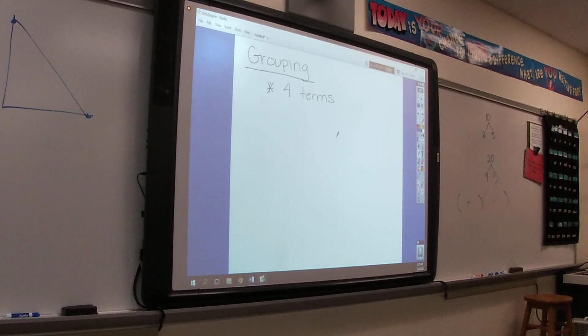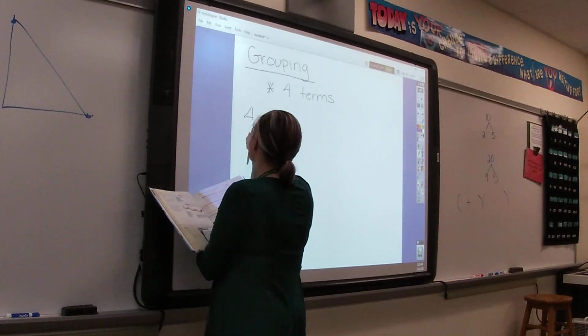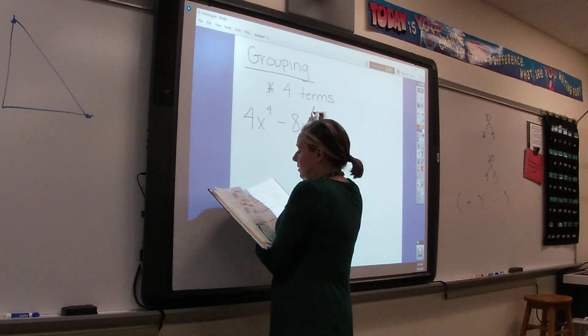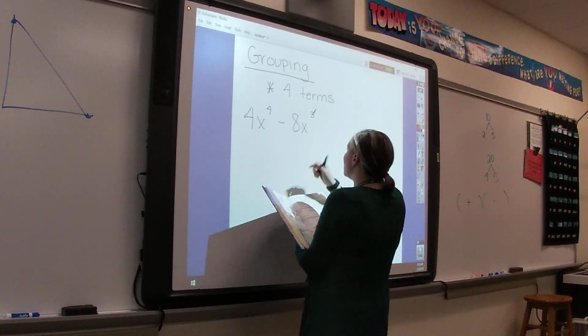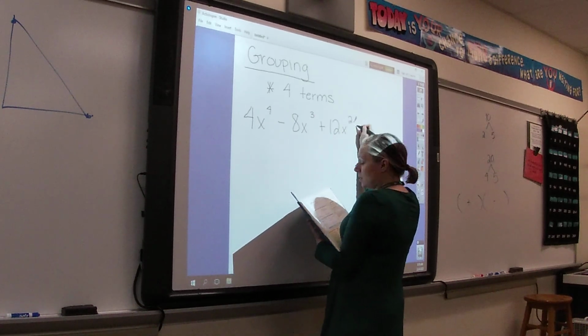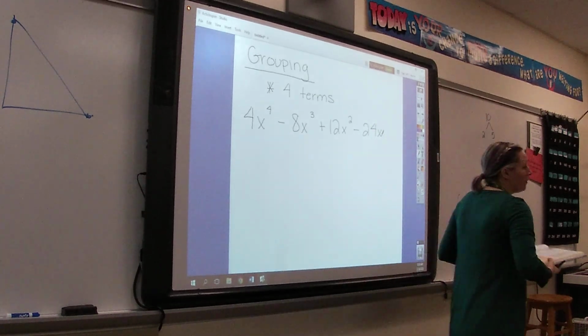Let's say we want to factor something that now says 4x to the 4th minus 8x to the 3rd plus 12x squared minus 24x.